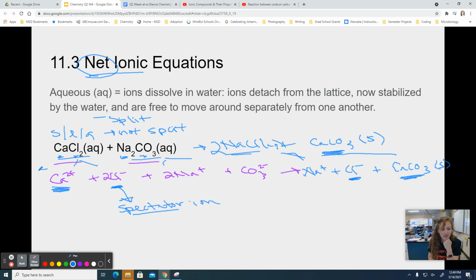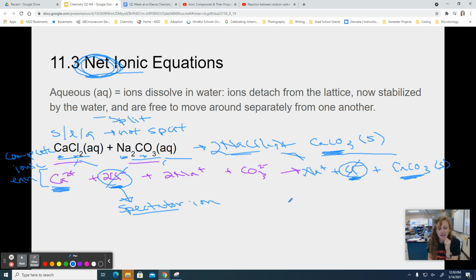What I have written here is actually a complete ionic equation. For a net ionic equation, I only want to involve the ions that are actually changing. So any spectator ion, I'm going to ignore.